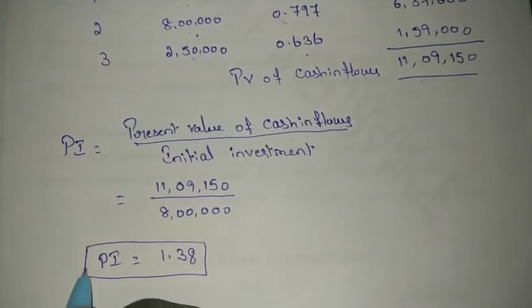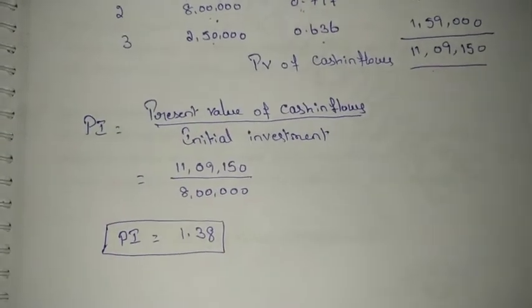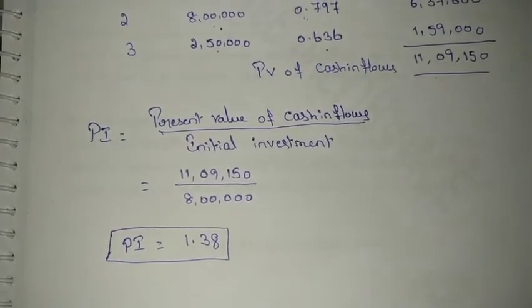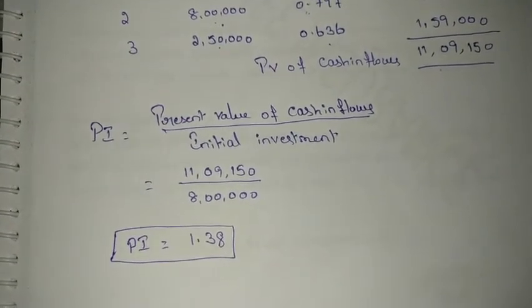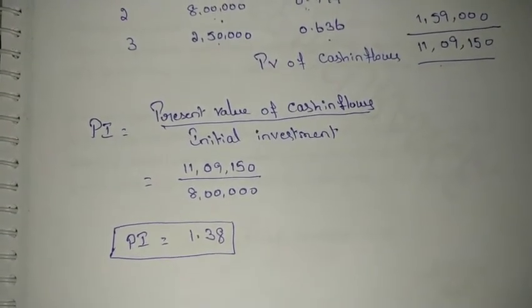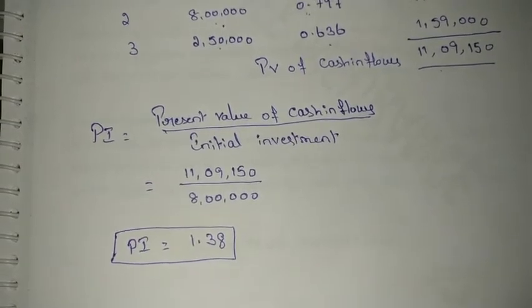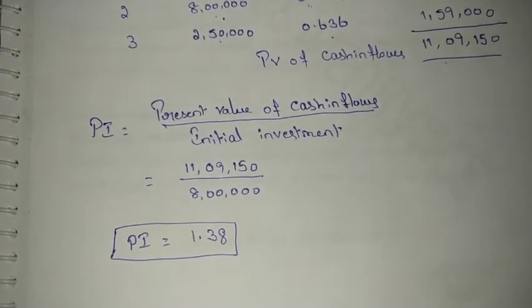Now you should suggest whether the project should be accepted or not according to profitability index. That is, the decision making should be done according to the profitability index. What is the rule?